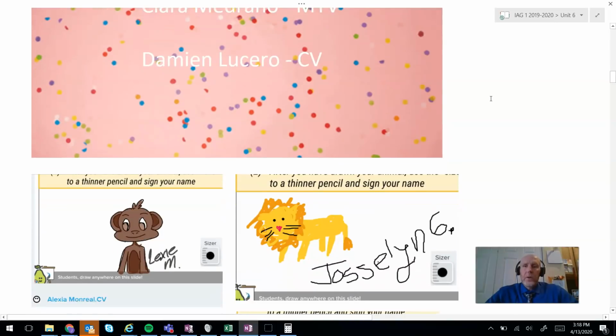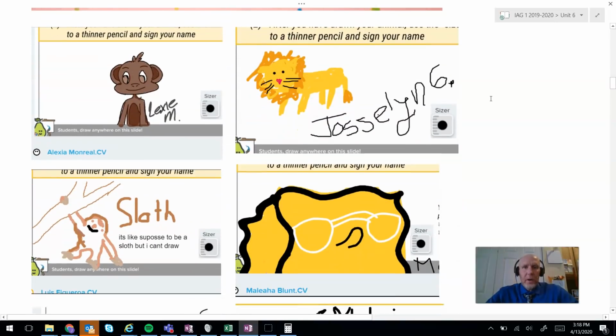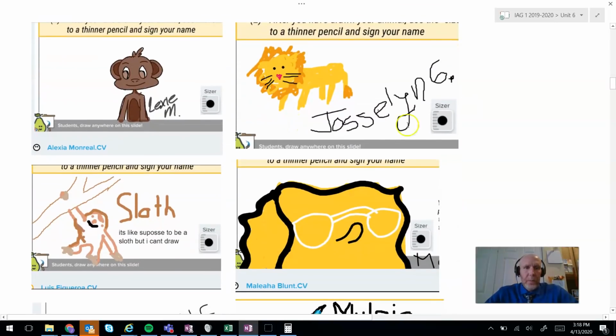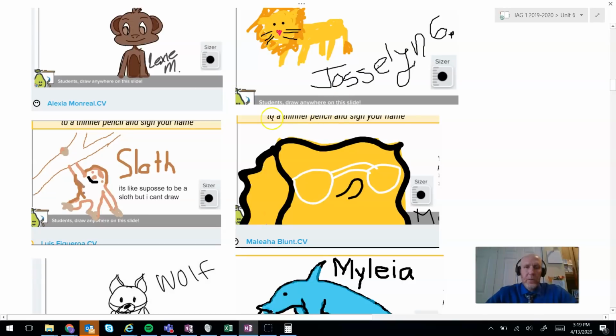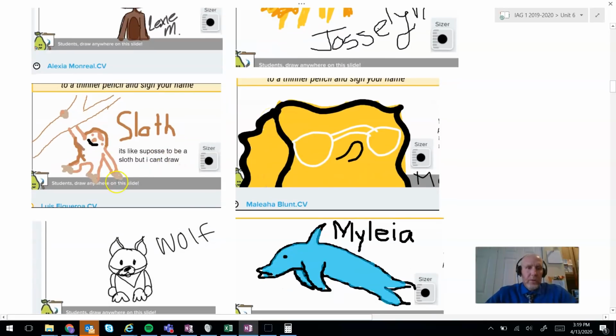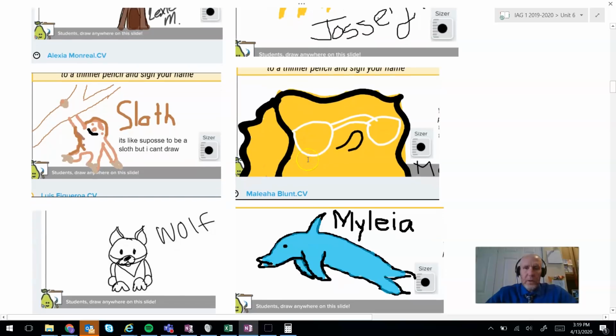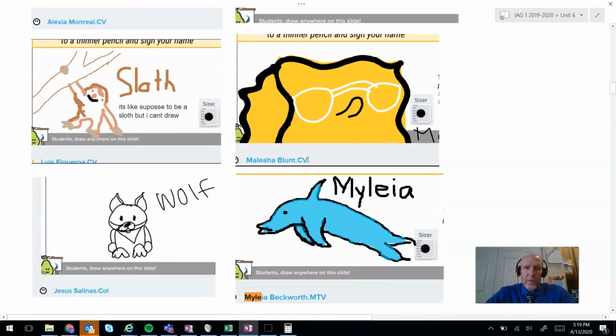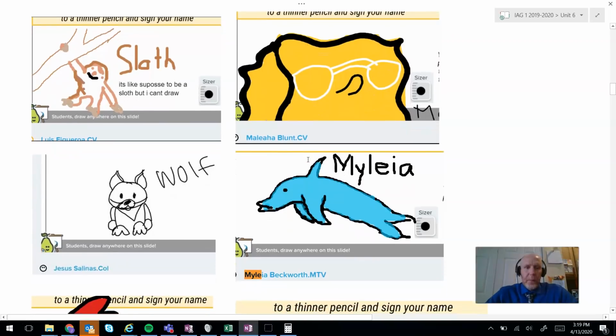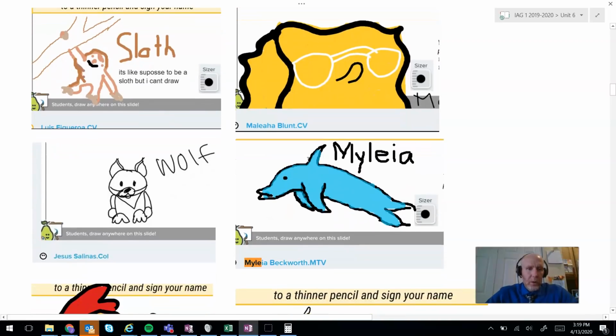And then I thought we'd celebrate a few of the great drawings we had on Thursday, April 9th as well. We had Lexi from College View with a monkey here, and Jocelyn with a nice lion, also from College View. Luis from College View got a sloth, and Malaya from College View has this nice SpongeBob. Looks like SpongeBob's maybe sunbathing. We got Jesus Salinas from Cole with a nice dog, maybe with a little bandana on or something.